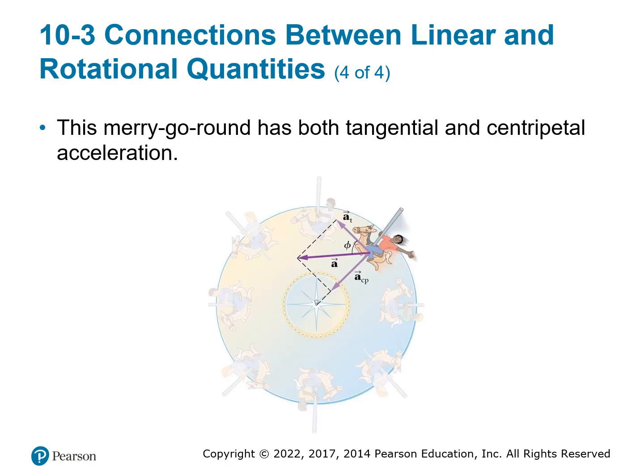So here's a really good picture that shows both. So here's your tangential acceleration. So it's tangent to your circle. Then you have centripetal that pulls toward the center. And then the overall acceleration vector is in between the two.